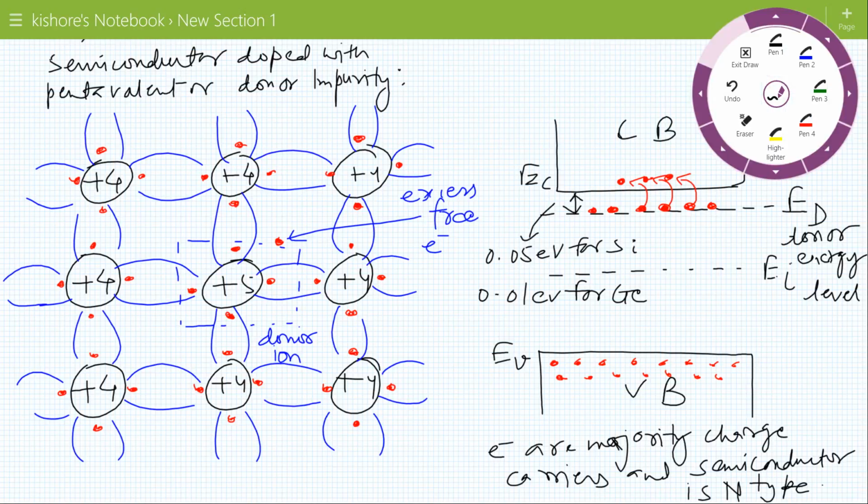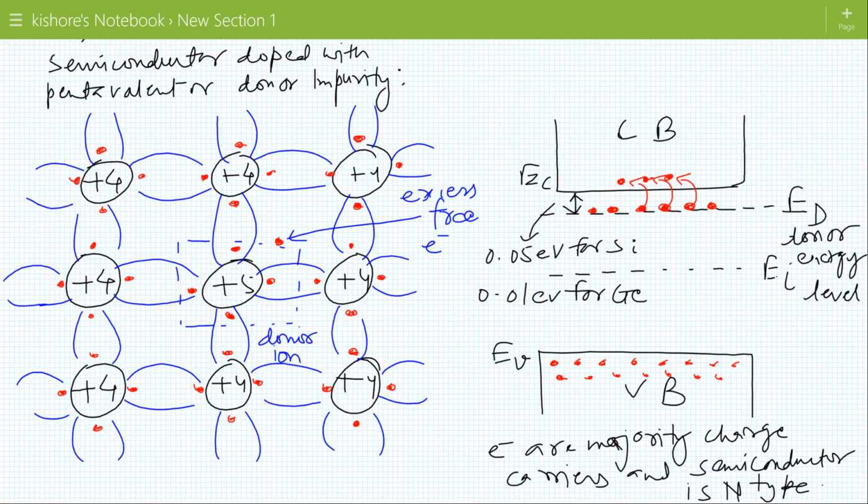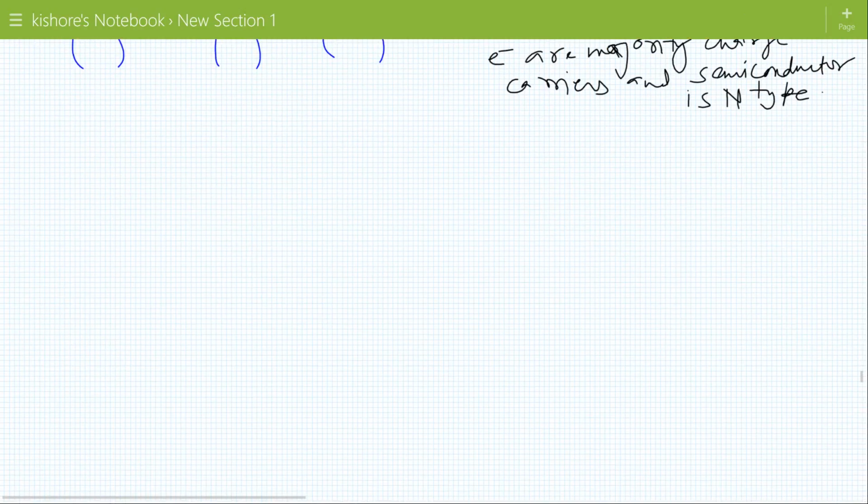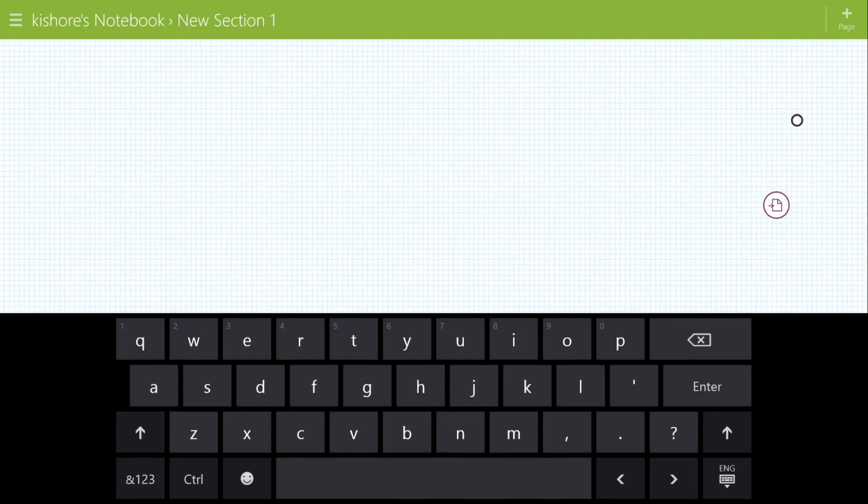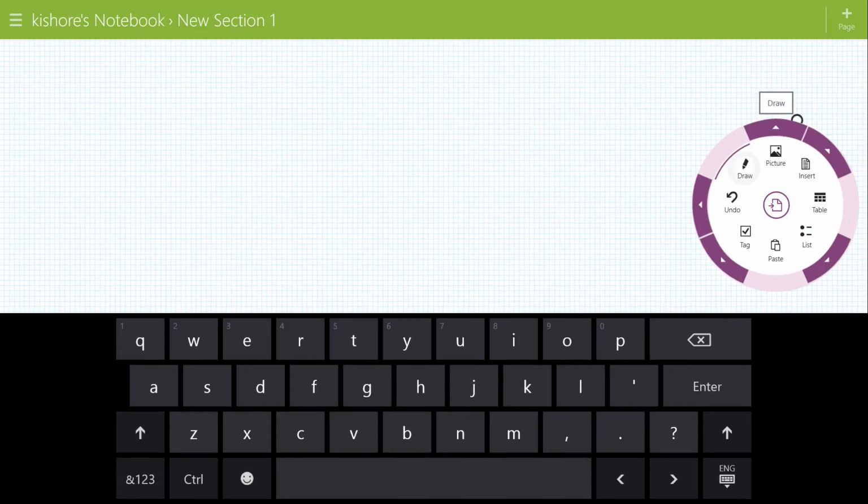Now let's see the crystal structure and energy band diagram if the semiconductor is doped with trivalent impurities.